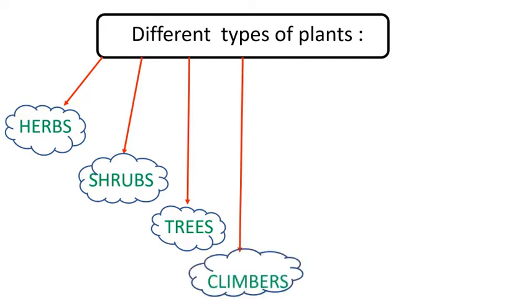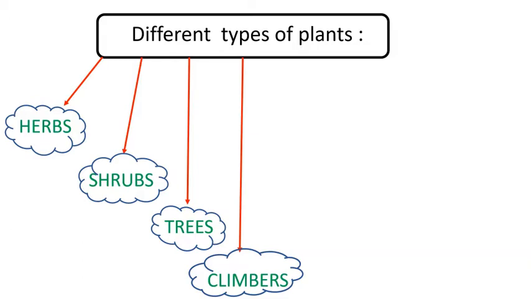Next, climbers. Climbers have weak stem and they cannot stand on their own. So they need help and they take the support of stick, walls or other plants.